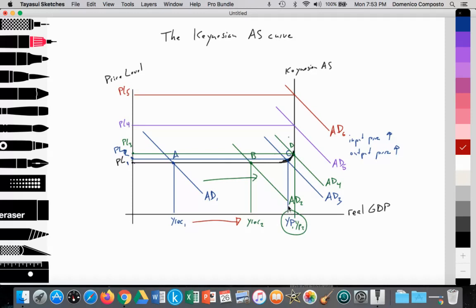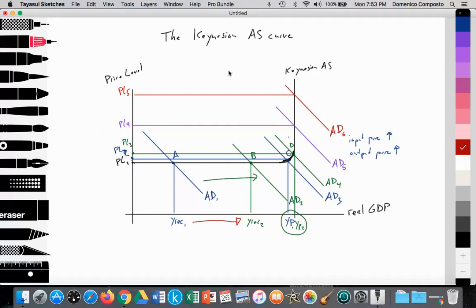We're getting slight increases in real GDP and slight increases in the price level. So we're getting a moderate level of inflation and moderate levels of increases in real GDP. Section 3, we see that we don't get any change in output. Real GDP does not change, but we do get significant increases in the price level.